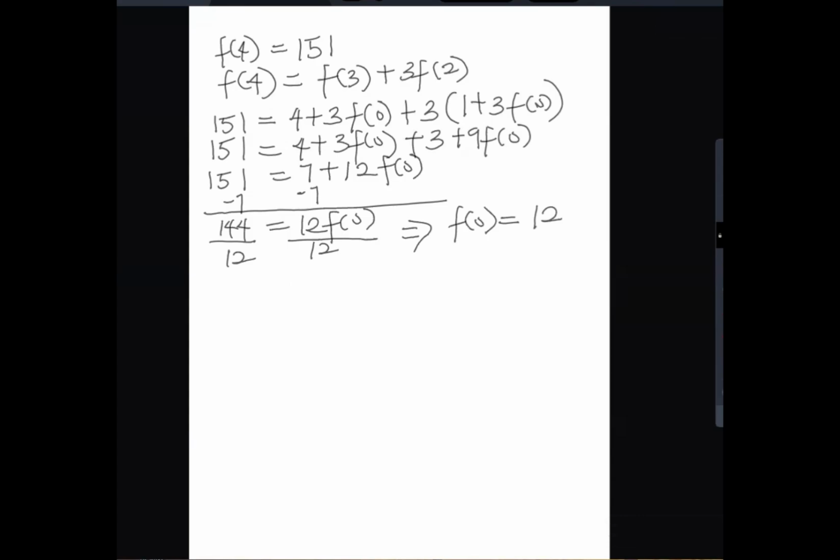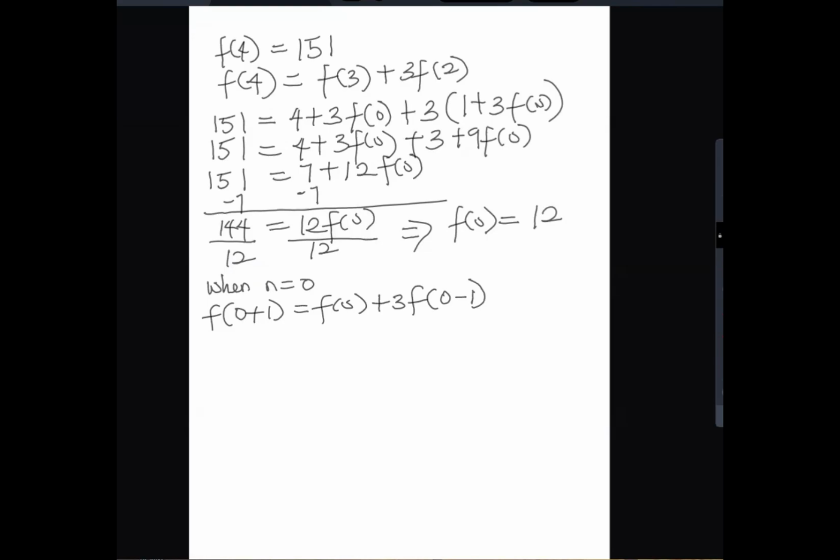So now let's make n equal to 0 and see how the function from the n plus 1 position behaves. So when n is equal to 0, it becomes f of 0 plus 1, which is equal to f of 0 plus 3 f of 0 minus 1.